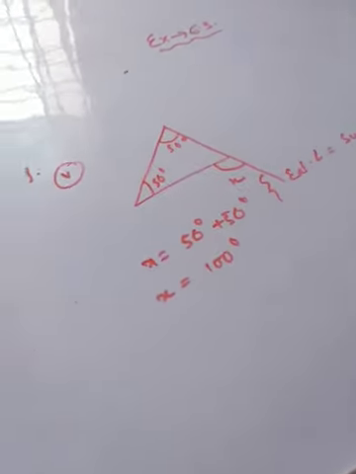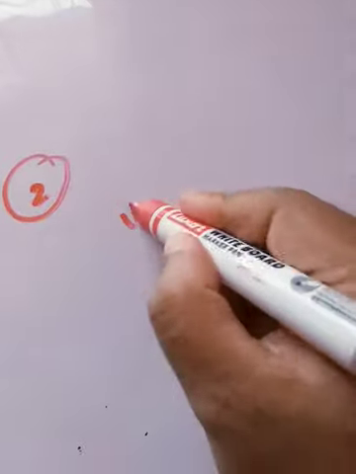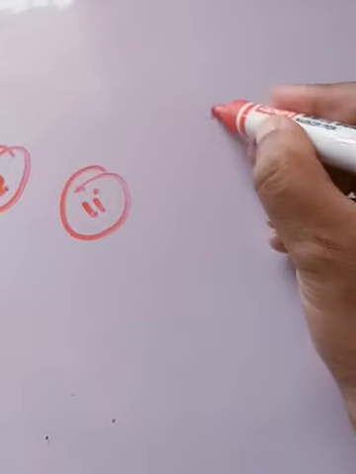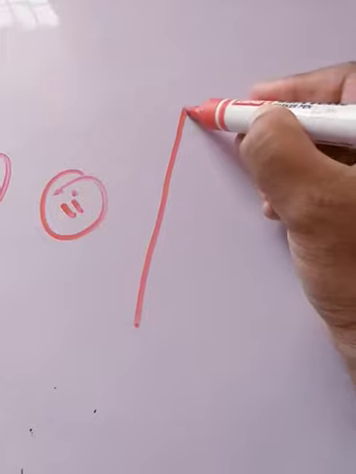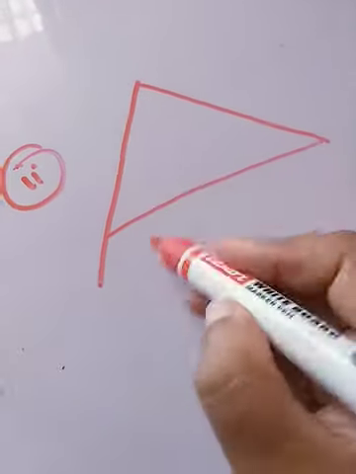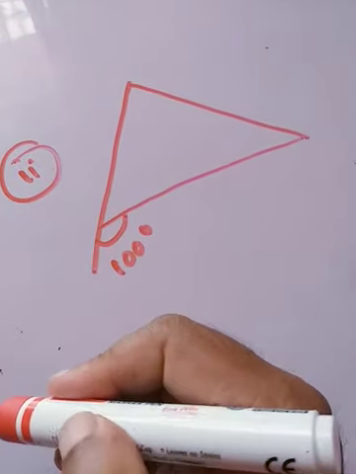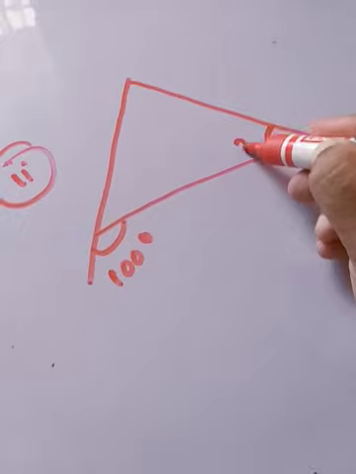Okay, so let's move on to question number 2. Sum number 2 is also very similar. Very easy. Let's begin with number 2. The figure is given like this. Now this exterior angle is given as 100 degrees this time, and this is x.